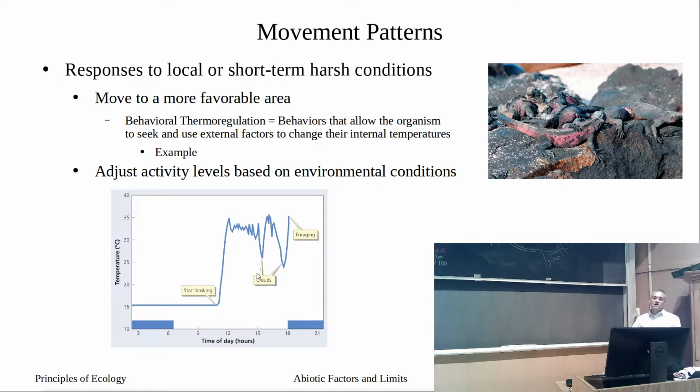It starts cooling off. When the clouds go over, they start basking again to try to get their body temperature up, and their body temperature needs to be up so that they can forage. So they change during what parts of the day they're active based on these environmental conditions. We see it out here in West Texas, right? A lot of organisms don't become active until the evening. Why? It's cooler. They don't have the sun's rays. They don't have all of the heat. That's a form of avoidance of our harsh conditions.